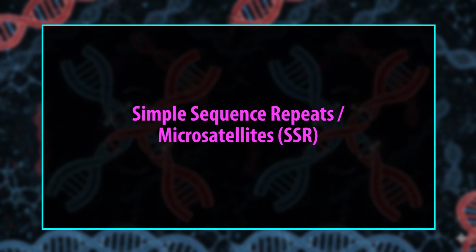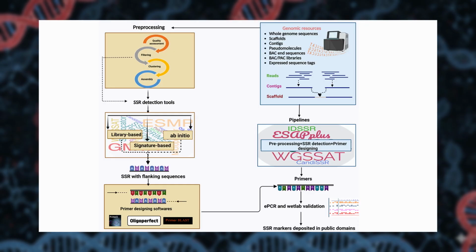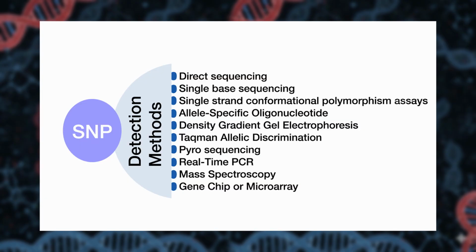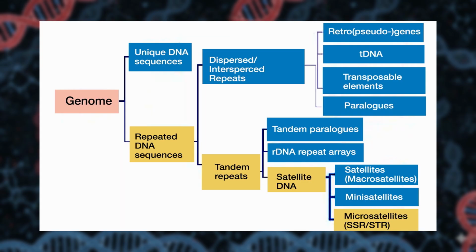Simple sequence repeats or microsatellites, SSR, repeated short DNA motifs used as high-resolution markers. Single nucleotide polymorphisms, SNPs, single base change is most abundant and widely used markers. Microsatellites, repeat variations for linkage.